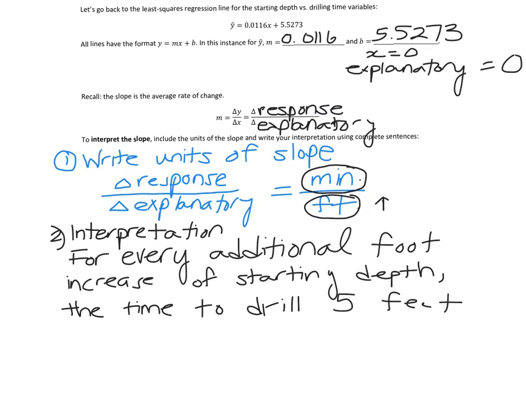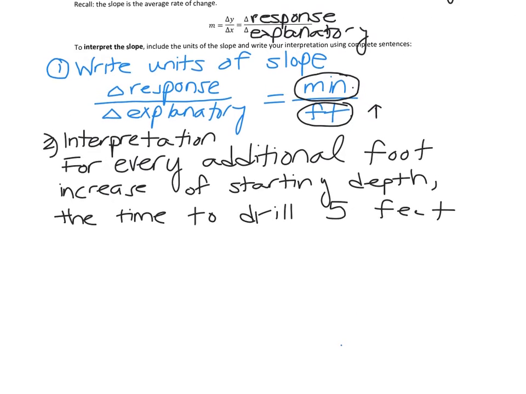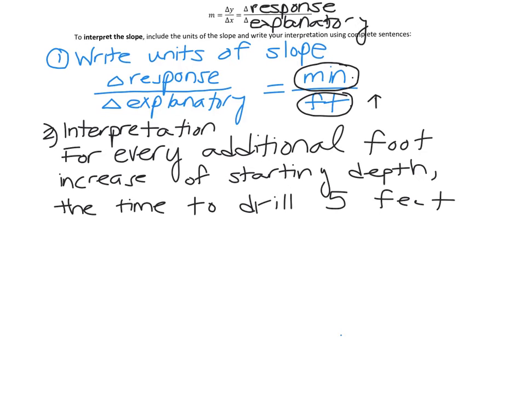It's 0.0116. It's positive, so we're increasing. So we can write increases because the slope is positive. And it increases by the slope many minutes.